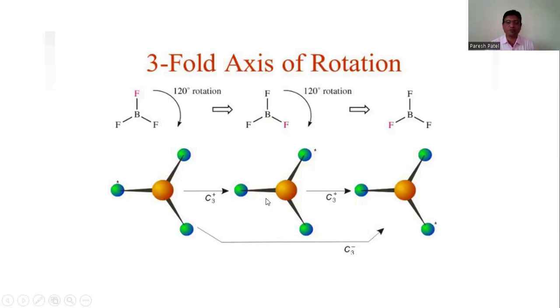In this position, this boron-fluorine bond will come over here, and this is the first rotation. So this can be represented as C3^1 or C3+. If you go for another 120 degree rotation, this boron-fluorine bond will come over here. So this symmetry operation can be recognized as C3^2.